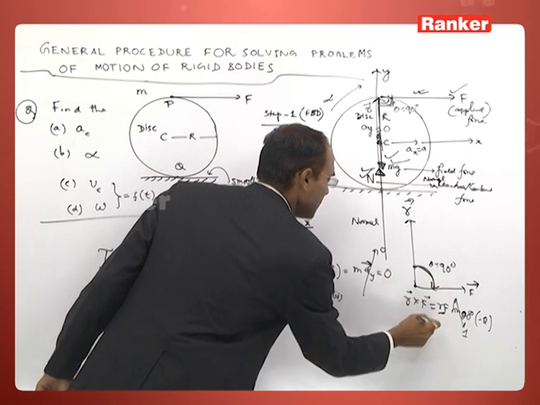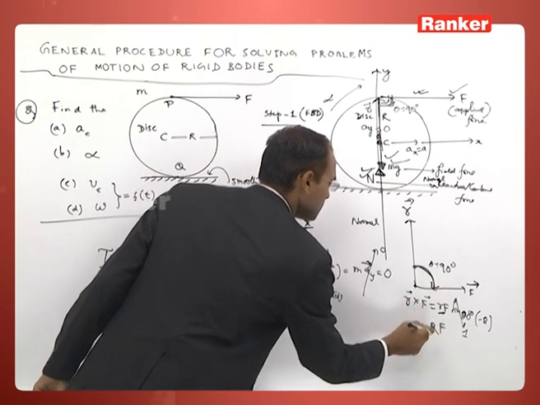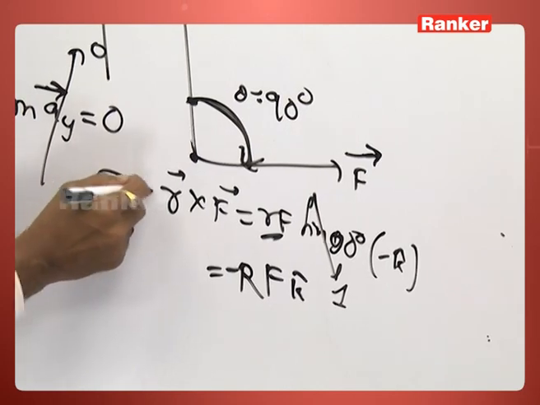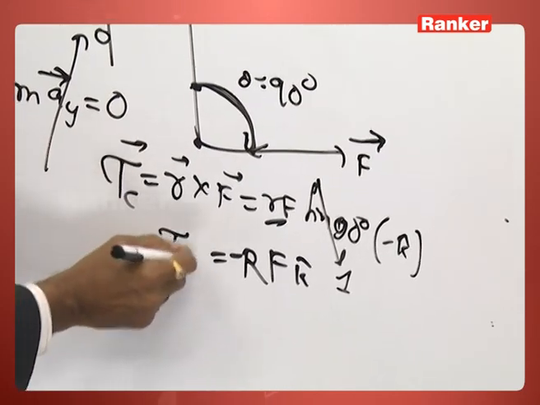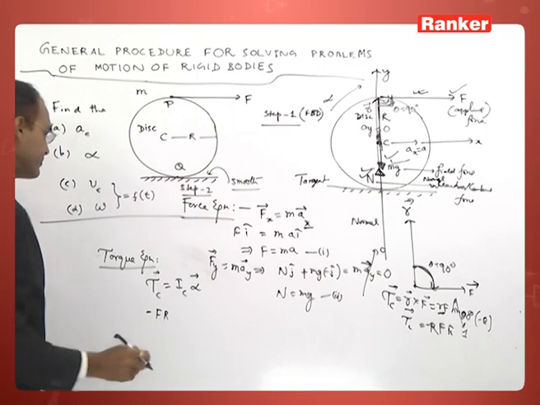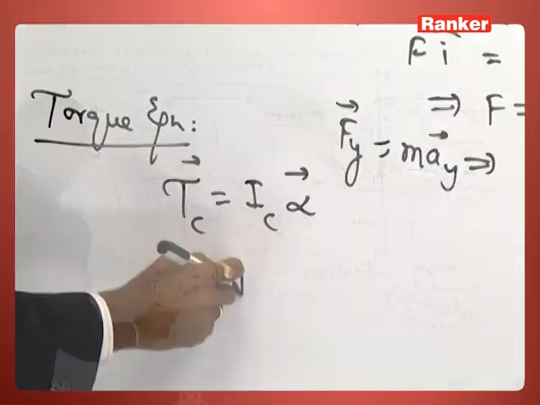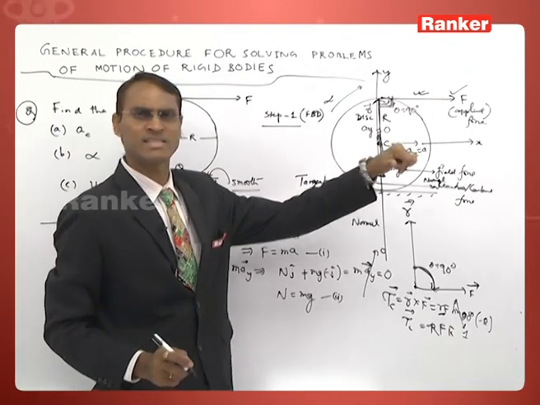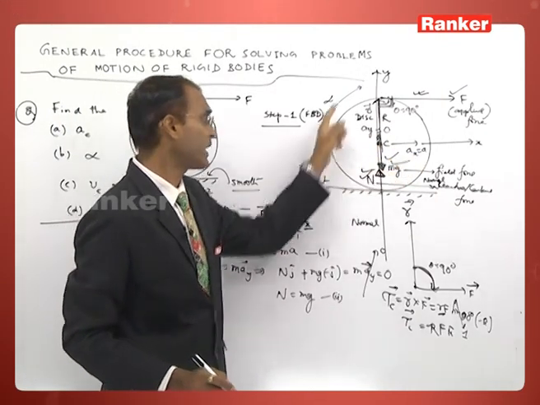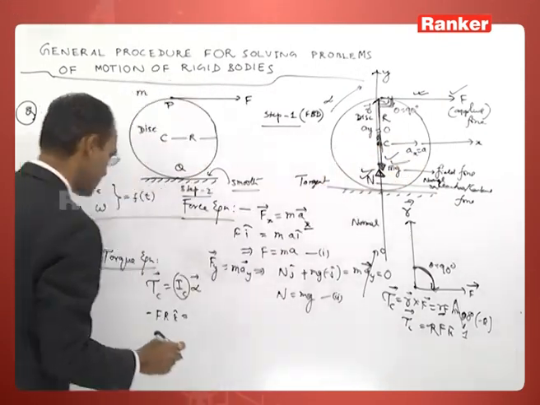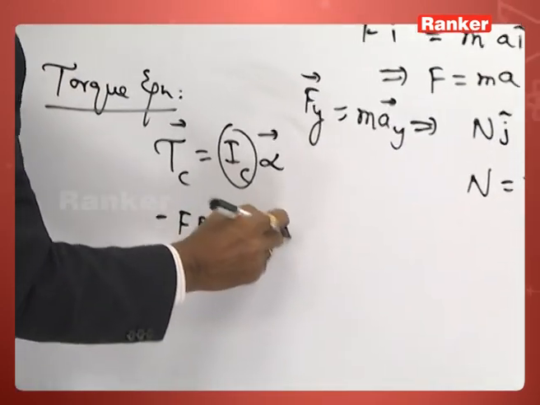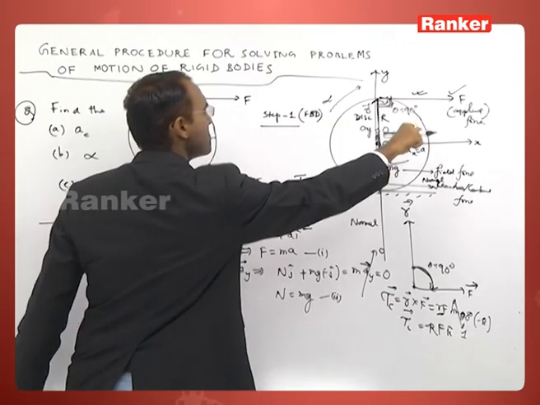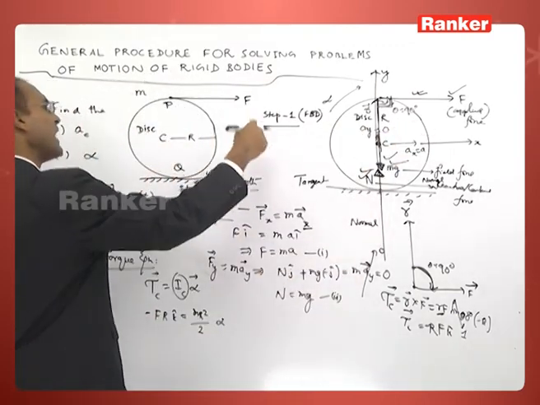So this R is equal to the radius of the disk into minus k cap F. This is the torque about the center of mass axis, minus F R k cap. And the moment of inertia about the z axis, already calculated in the last class, is equal to m r square by 2, times alpha, which we have assumed in clockwise sense. You can assume anti-clockwise sense.